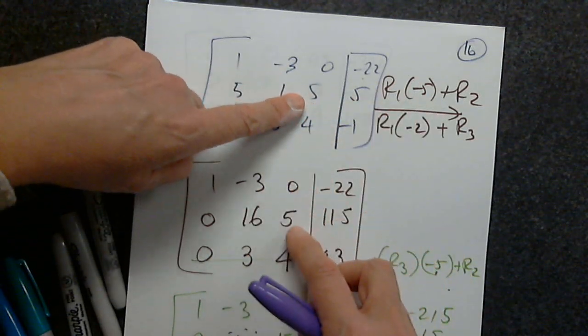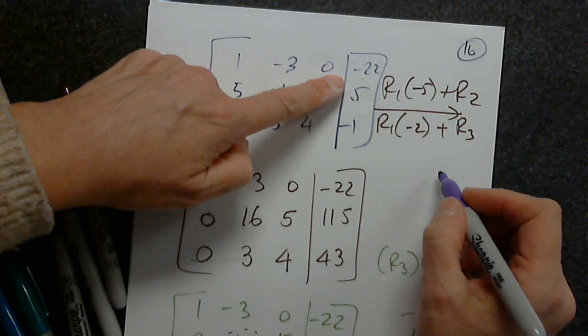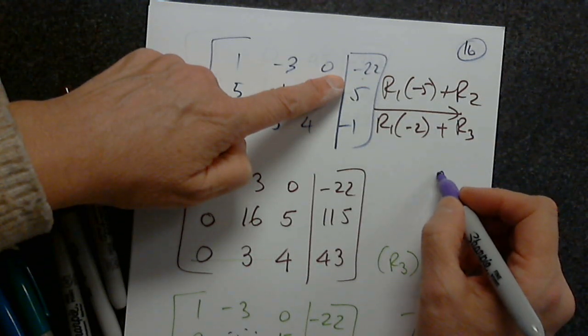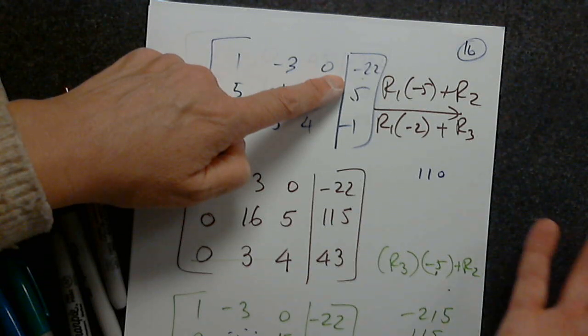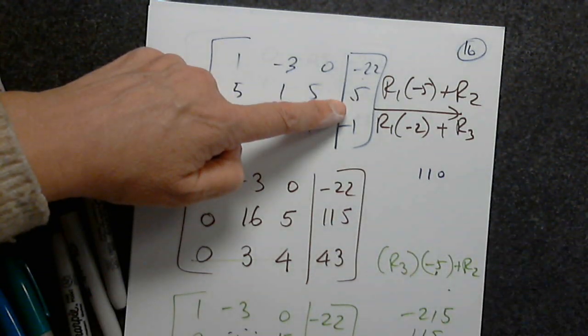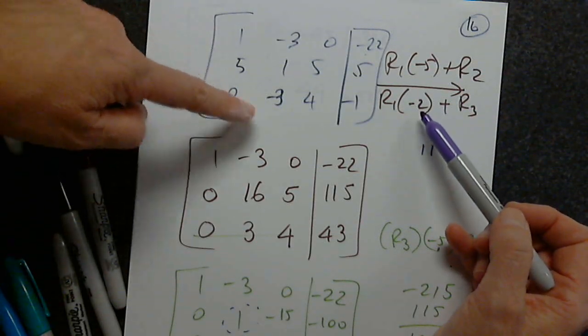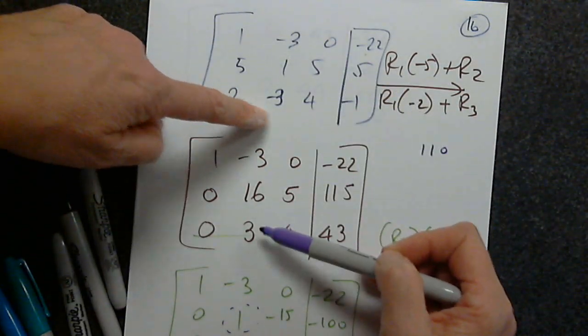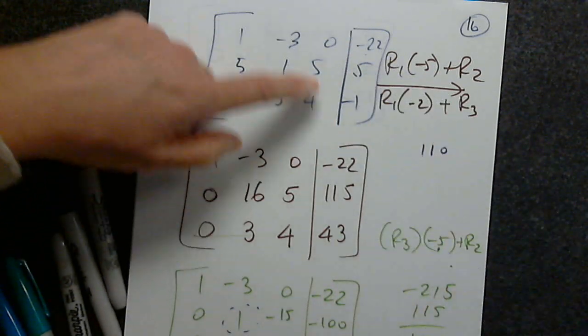This is 0 plus 5, 5. It is 110 plus 5, 115. Okay. Times negative 2, yes. So this is 6 minus 3, it is 3. This is 0 and 4. And this is 44 minus 1, which is 43.